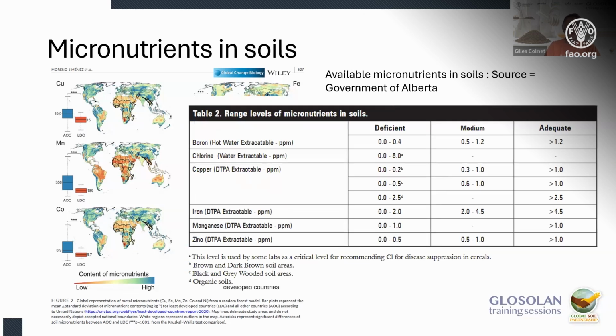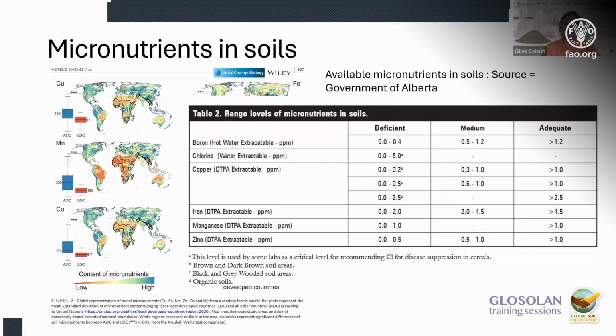I found also range levels of micronutrients in soil. It's not so easy to define the threshold where the plant needs additional fertilizers in these elements.